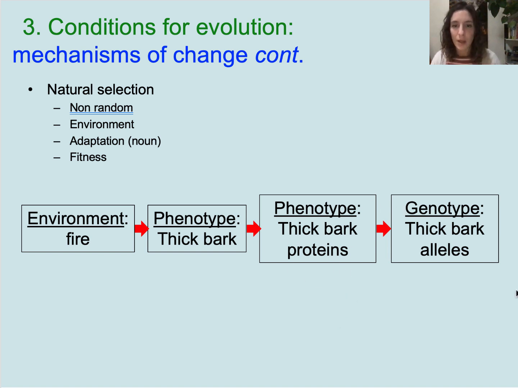Their genotype is the thick bark alleles here. And it's really those genotypes that are being selected for or against by that fire. It's how the phenotype interacts with the environment that will result in whether or not that genotype is fit in this environment.